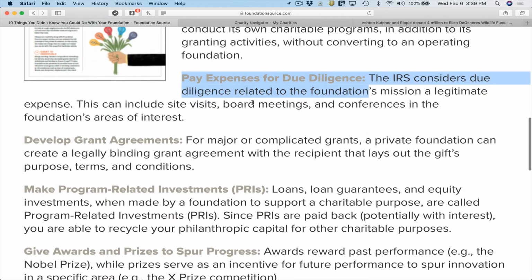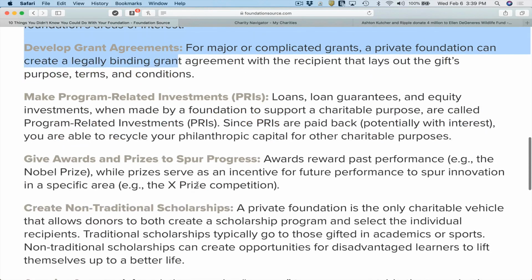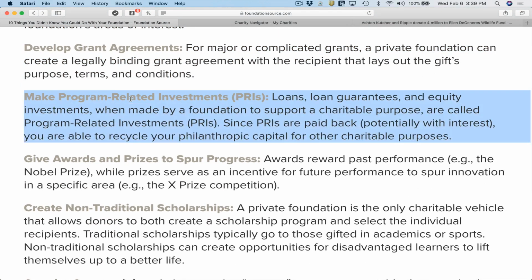The IRS considers due diligence related to the foundation's mission and purpose a legitimate expense. You can give grants. You can make program-related investments, like loans, loan guarantees, or equity investments made by the foundation. And again, remember, all of these investments are completely tax exempt because they are nonprofit. It is a 501c3.